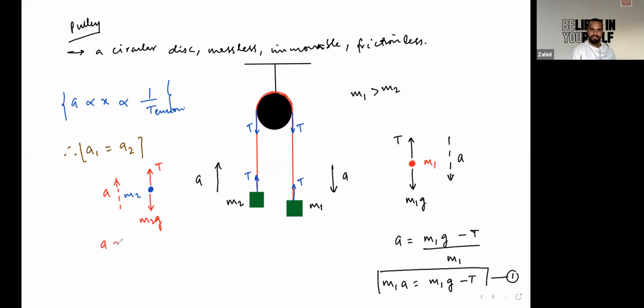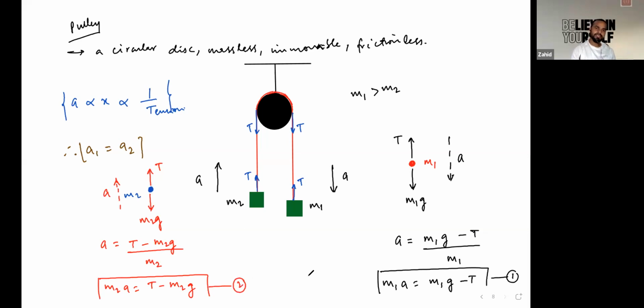So A is equal to T minus m2g divided by the mass of block M2. Move this M2 to the other side, you get m2a is equal to T minus m2g. Let's call this equation 2.